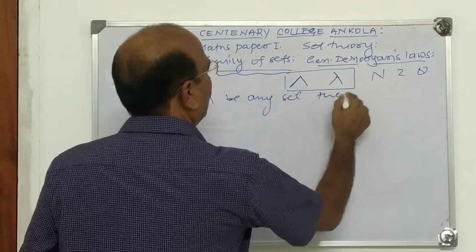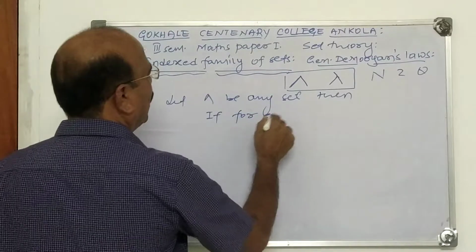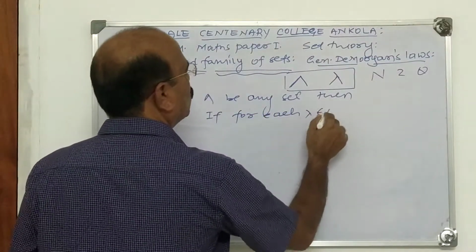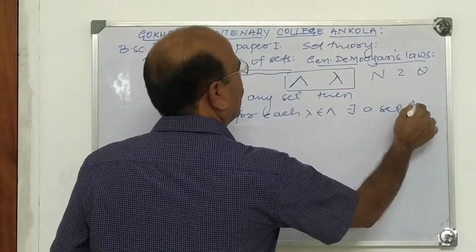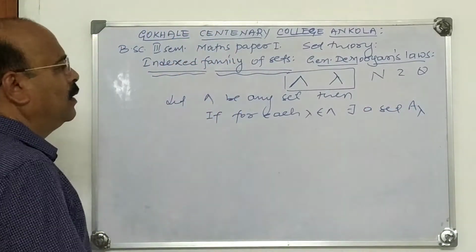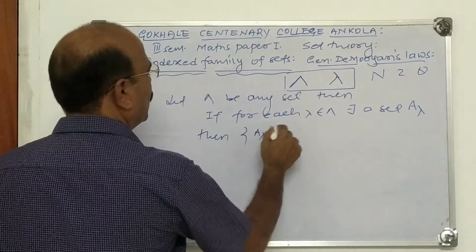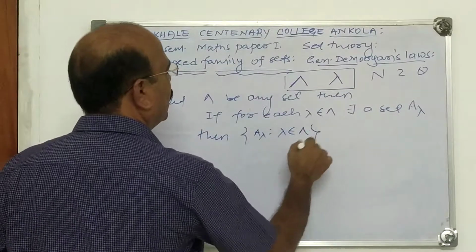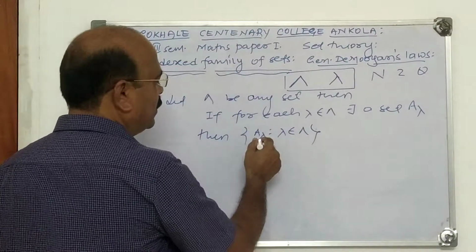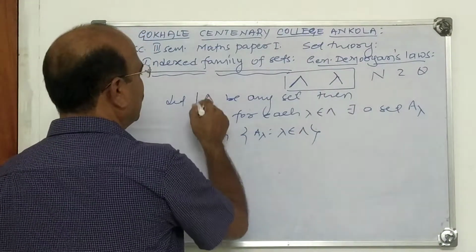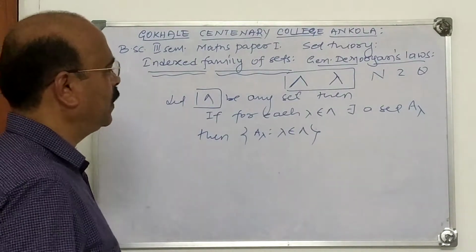Then, if for each lambda belongs to lambda, there exists a set denoted by A lambda, then this set of all A lambda, such that lambda belongs to lambda, is called indexed family of sets indexed by this lambda, and this is called the index set.